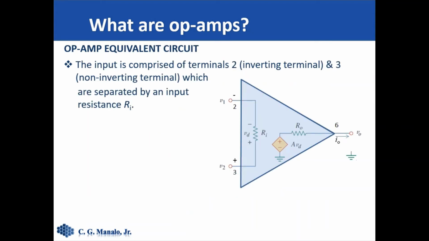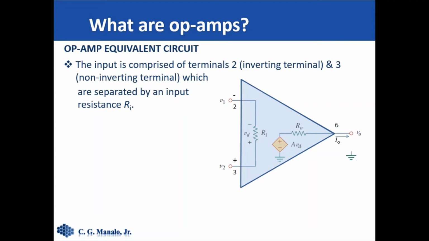As mentioned a while ago, an op-amp is a complex circuit, so we won't discuss the details of how this element is constructed or designed, but we simply look into its equivalent circuit so that we will have an idea of its behavior.